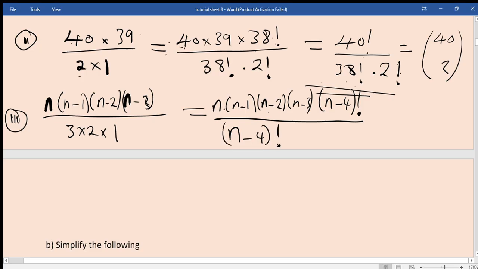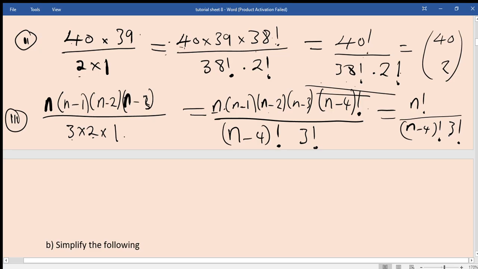And this 3 times 2 times 1 is the same as 3 factorial. So from n to there, this is just as good as n factorial over n minus 4 factorial multiplied by 3 factorial, and you are done. So that's what we have there, n minus 4 factorial and so forth.